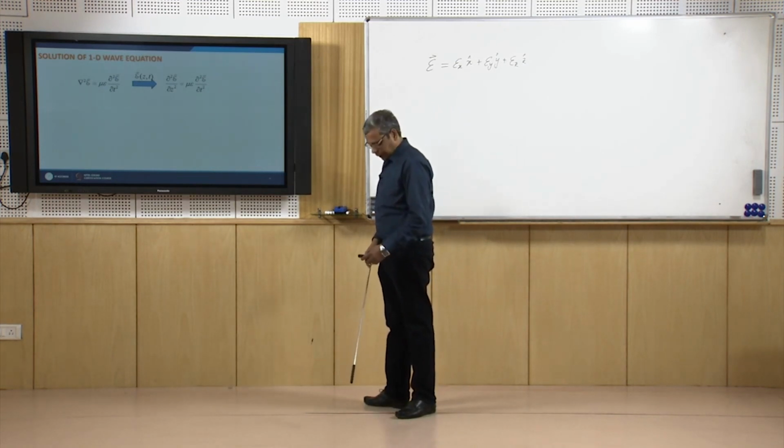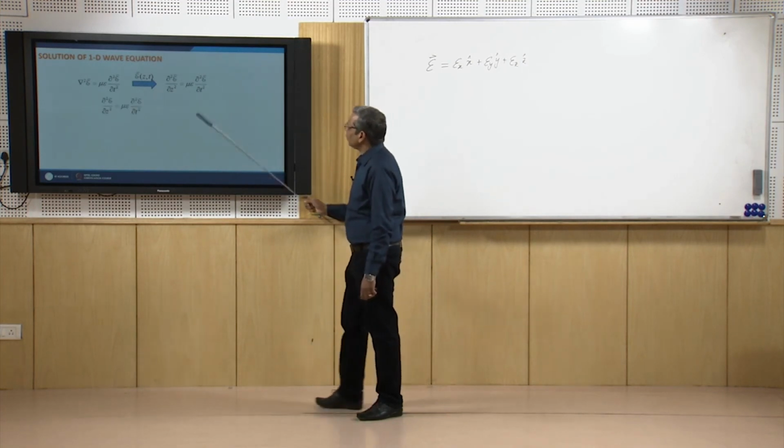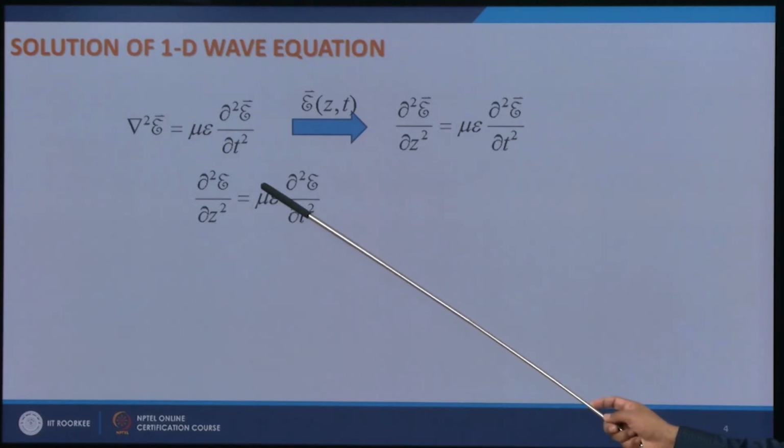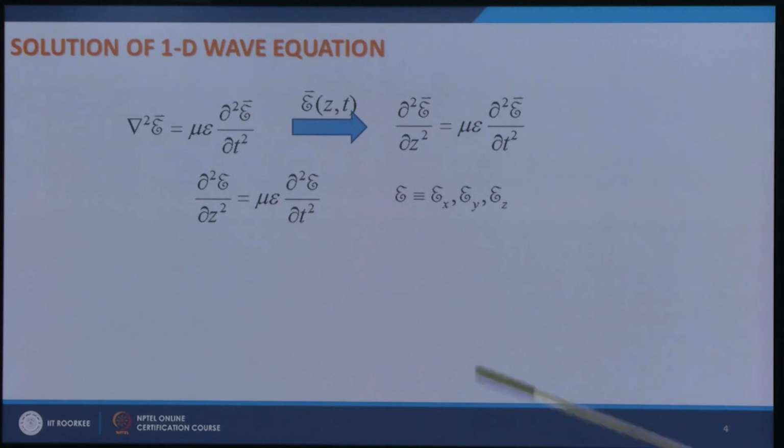So, I have 3 equations in scalar components. If I drop this vector sign and write the scalar equation, then it would be del 2 E over del z square is equal to mu epsilon del 2 E over del t square, where E can be either Ex or Ey or Ez.